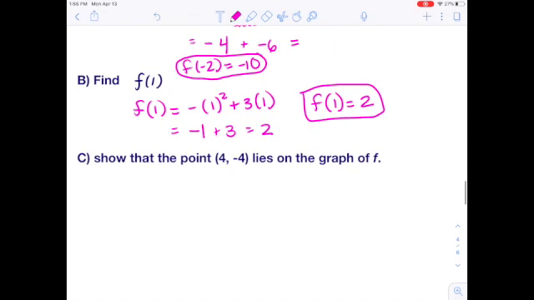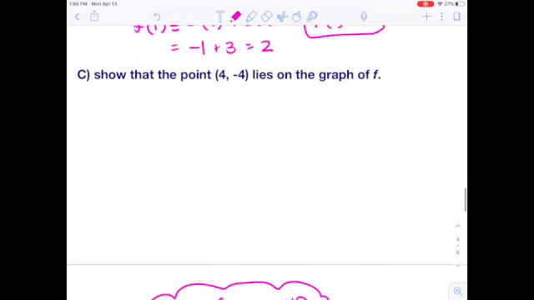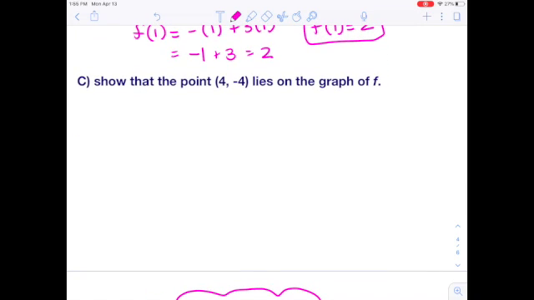And we're going to take it a little step further and show that the point (4, -4) lies on the graph of f. Now think back to Algebra 1. How do you know if a point lies on a graph? Well, you plug in your x value and plug in your y value and see if that equation is actually true. So that's exactly what we're still doing here.